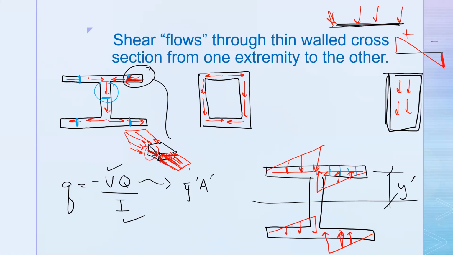But of course, now when you are down here in this web, not only is your area increasing as you move closer and closer to the neutral axis, but also y-bar prime is increasing. So that's how you end up with that parabolic shape. Now this parabolic stress is not going to start at 0.